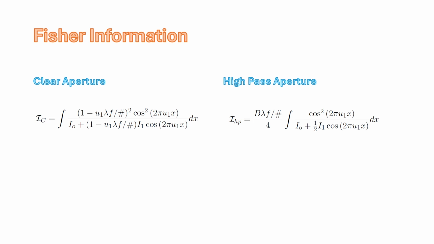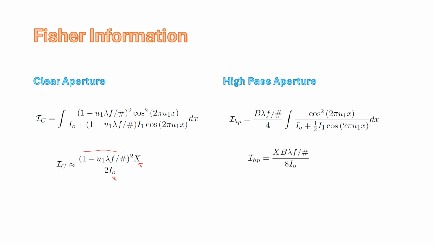We can assume here that I1 is much less than I naught, just to simplify our formulas. And if we do that, the Fisher information for the clear aperture depends on the length of the window that we're going to integrate over to estimate the signal. It depends inversely on the energy in the DC term, and then it's reduced by this MTF factor.